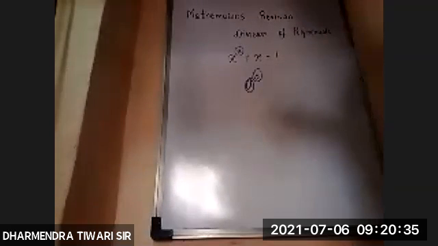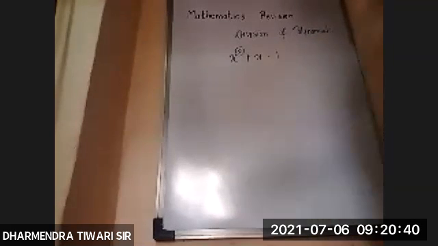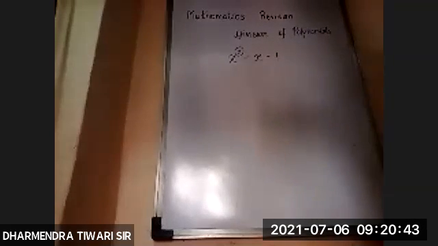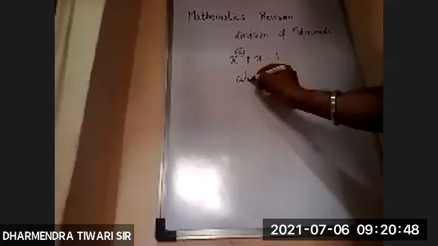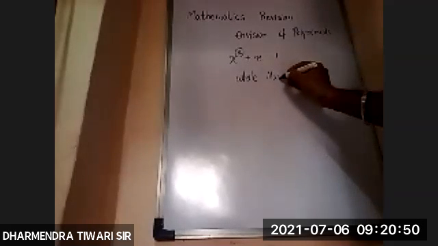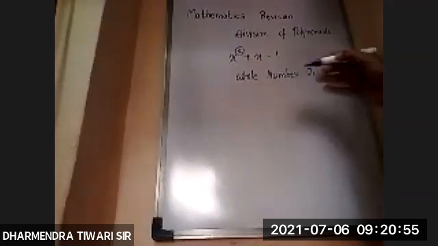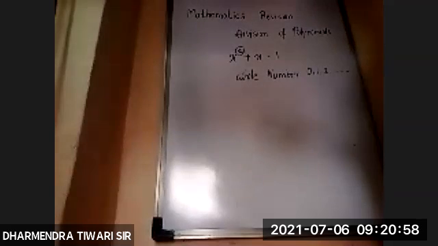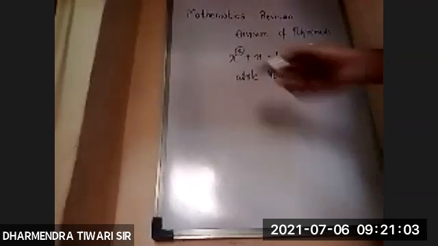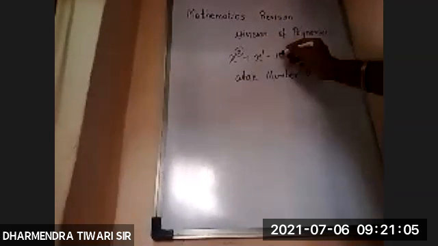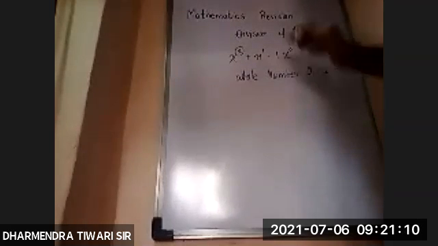So if the index of each term present is a whole number, meaning 0, 1, 2 till infinity, which does not have any end. You can see that here the power of x is 2, here the power of x is 1, and here no x is present. So you can write, if you want, 1 into x raised to 0.